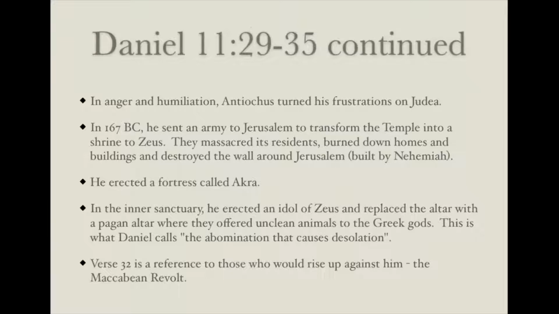He erected a fortress called the Acra in the location where Solomon's palace was. And in the inner sanctuary, he erected an idol of Zeus and also replaced the altar with a pagan altar where they offered unclean animals to Greek gods. So this is what Daniel was talking about, the abomination that causes desolation.